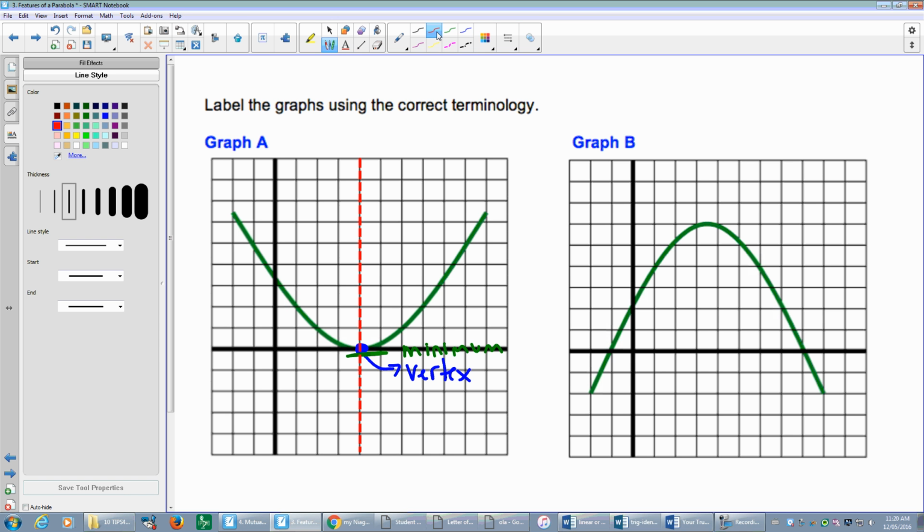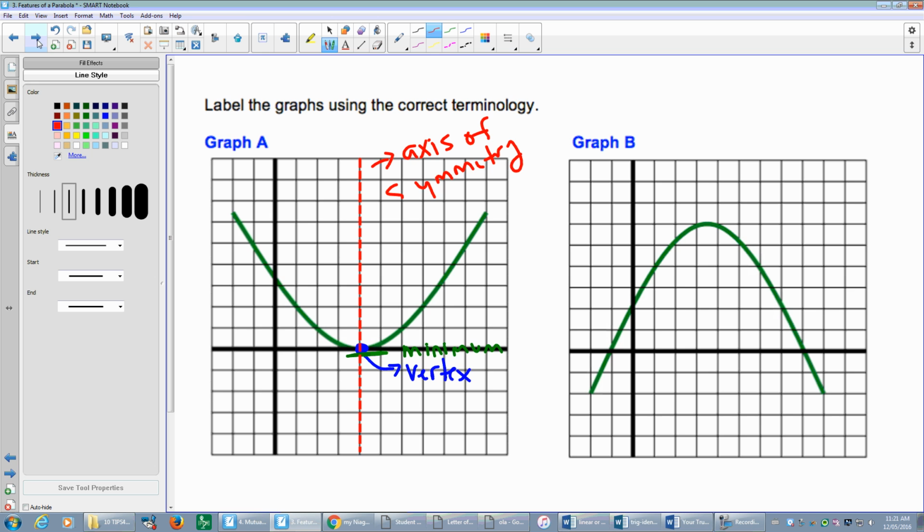And we say that this line represents the axis of symmetry. That's where that is. The axis of symmetry is right in the middle. It splits it so that if you were to fold your parabola, it's a mirror image.